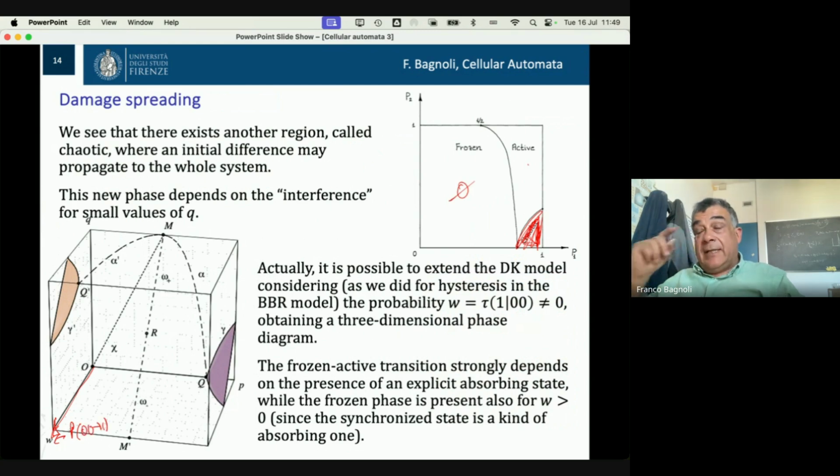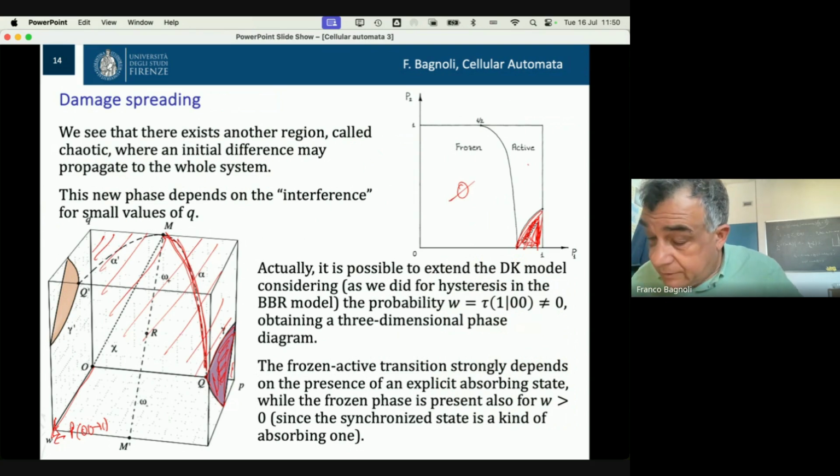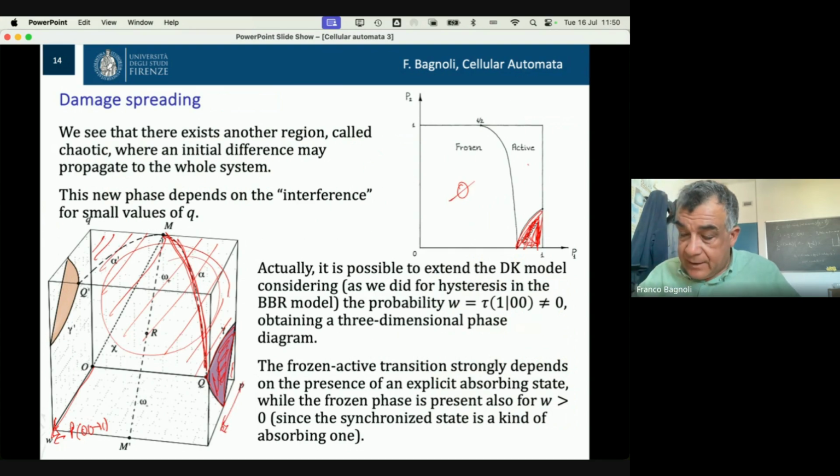And what you see is that this plane here is the original Domany-Kinzel plane. So this is the phase transition we have seen. Actually, the chaotic region, in which there is damage spreading, is more extended, not only on this plane here, but also in the phase W different from 0.